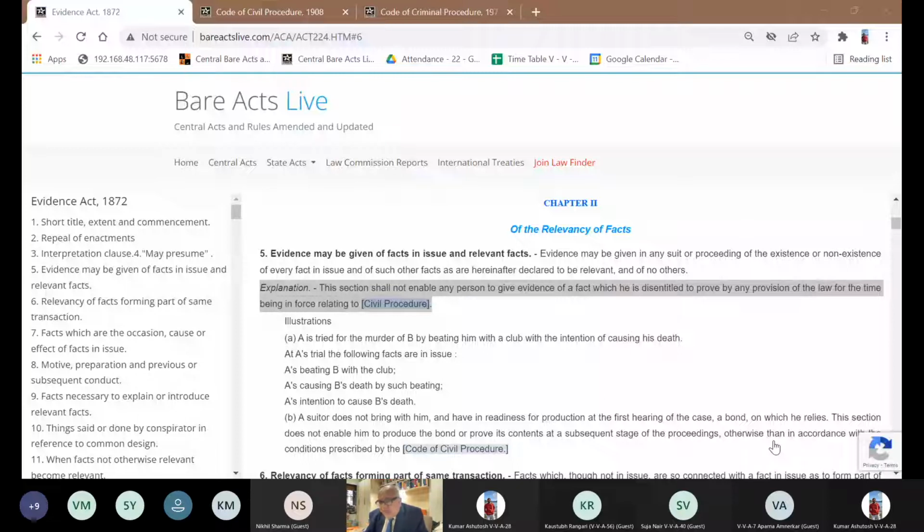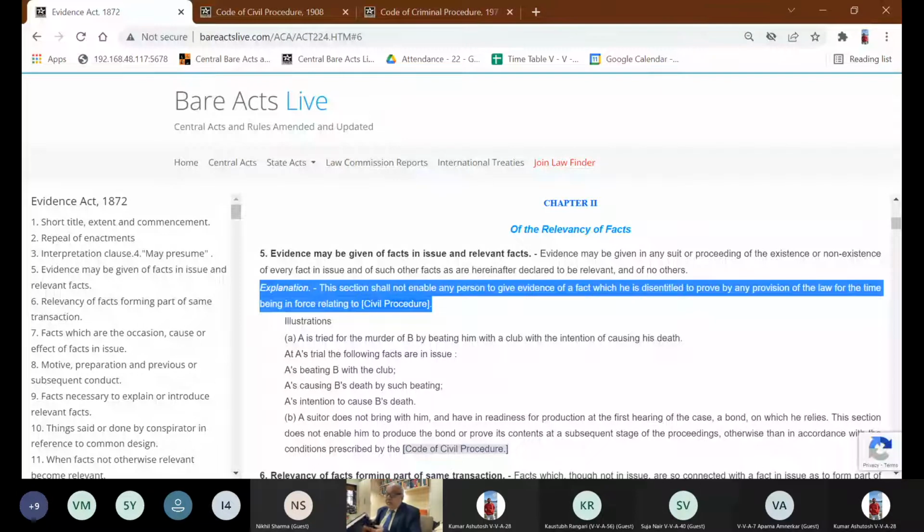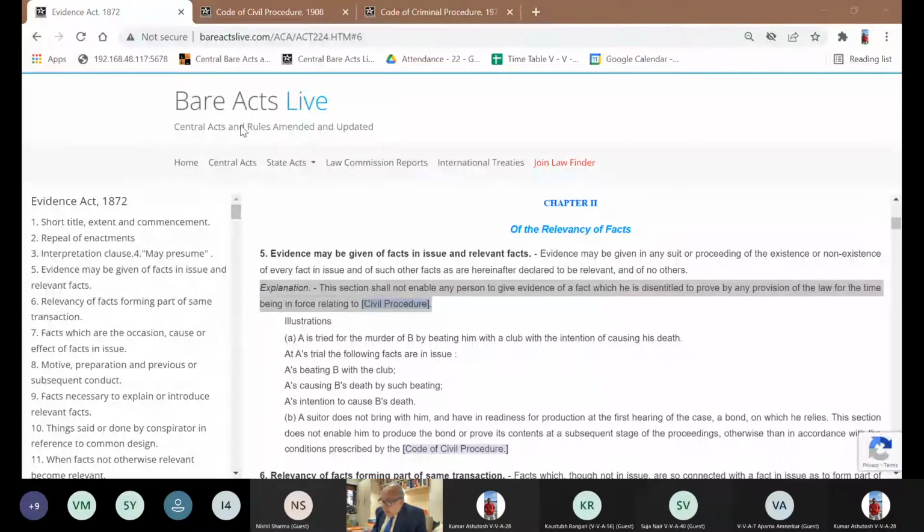Then when you see the provisions of order 11, rule 19(2), you are prohibited from giving evidence of a document which is objected to. देख लीजिए आप जरा CPC. Order 11 खोल लीजिए.